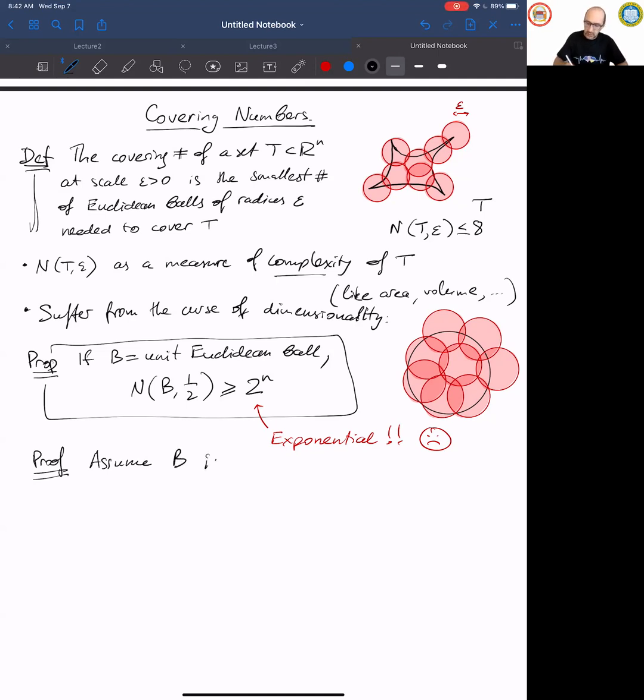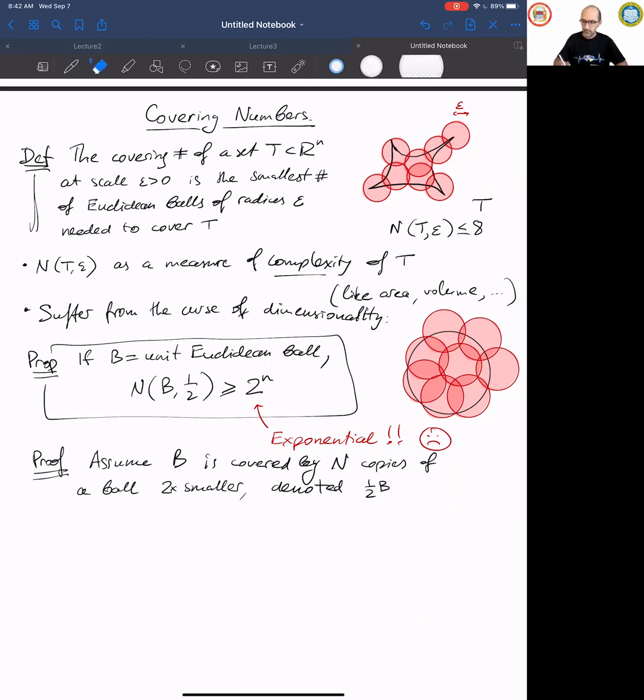So assume B is covered by, let's say, N copies of a ball twice smaller, which we denote 1/2 B. And then compare the volumes.